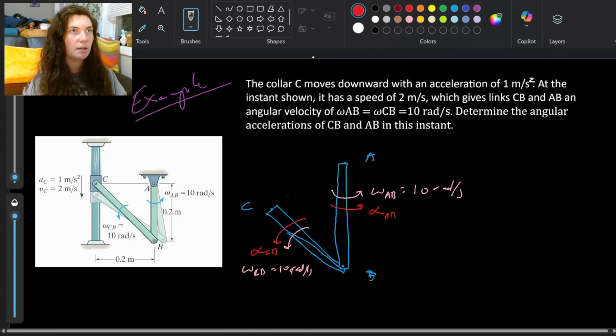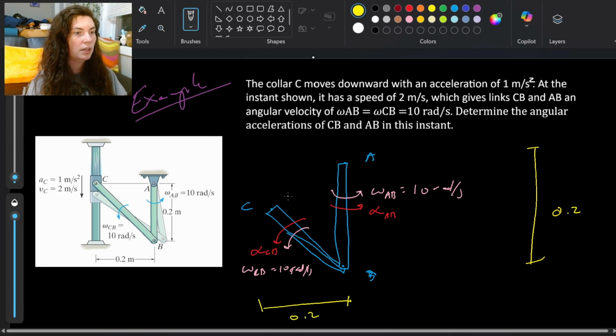But for now, this is a fine assumption. We can also see those lengths that were given there, of the 0.2 and the 0.2. And then we're also given this acceleration downwards. A_C is 1 meter per second squared. We can also see that at A, there's no acceleration. Again, A is a fixed point, so that AB is doing a rotation about a fixed axis, while CB undergoes general plane motion.